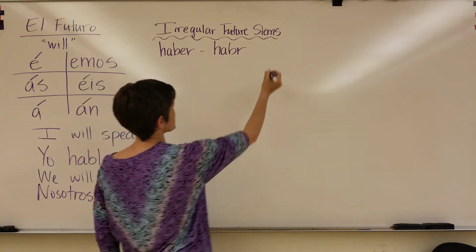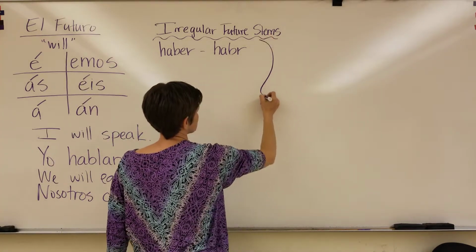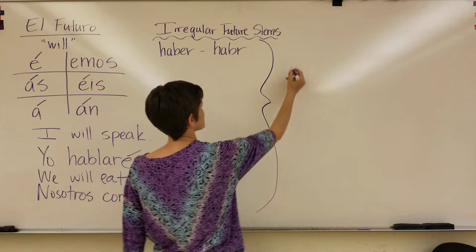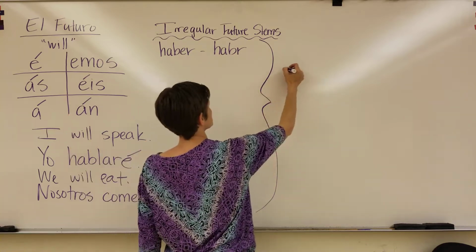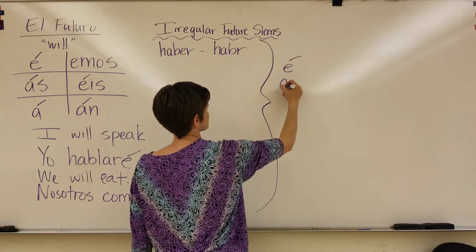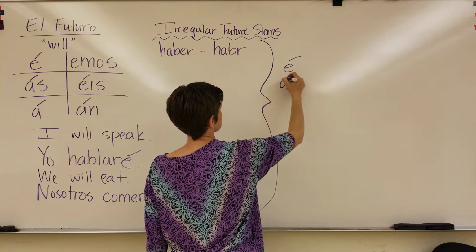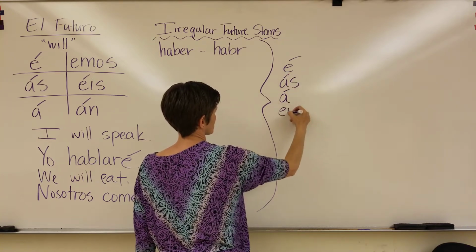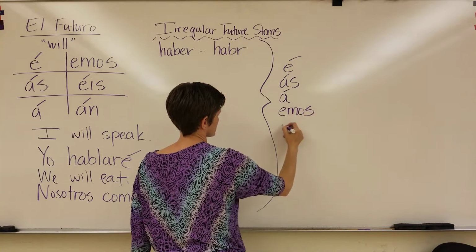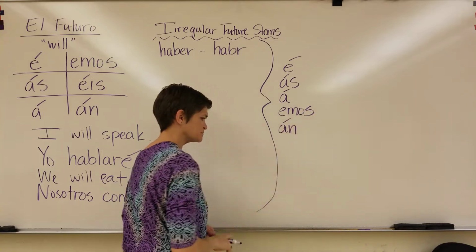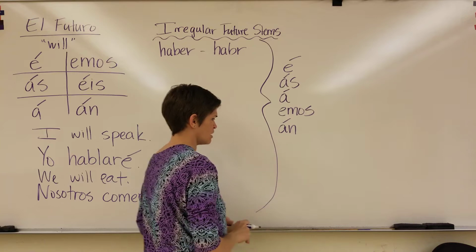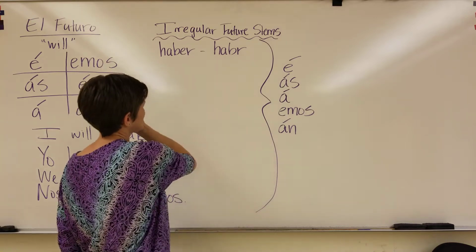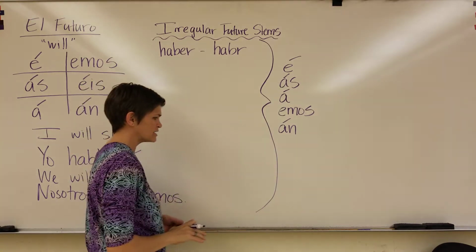So when we put our endings onto these, we're going to have the same endings as here. It'll be habré, habrás, habrá, habremos, and habrán, but it just doesn't have quite the same form as the infinitive did.